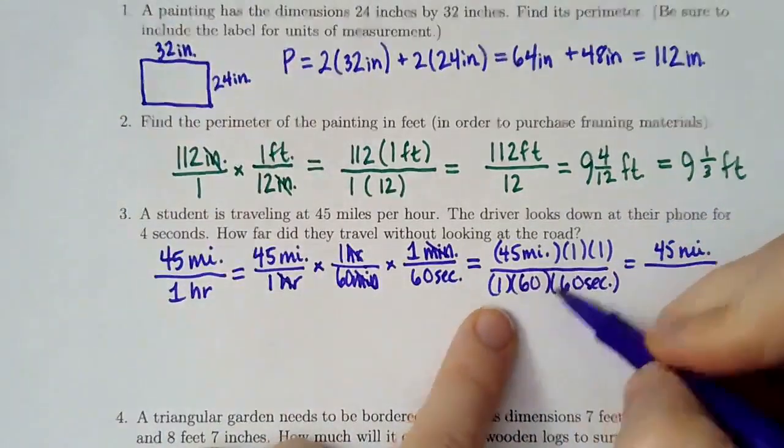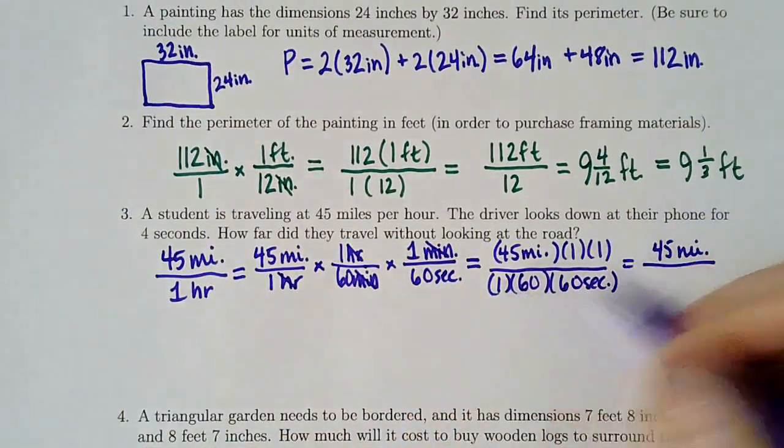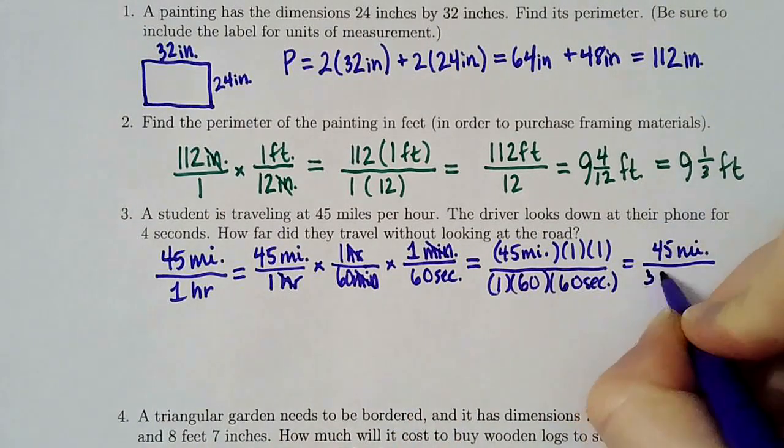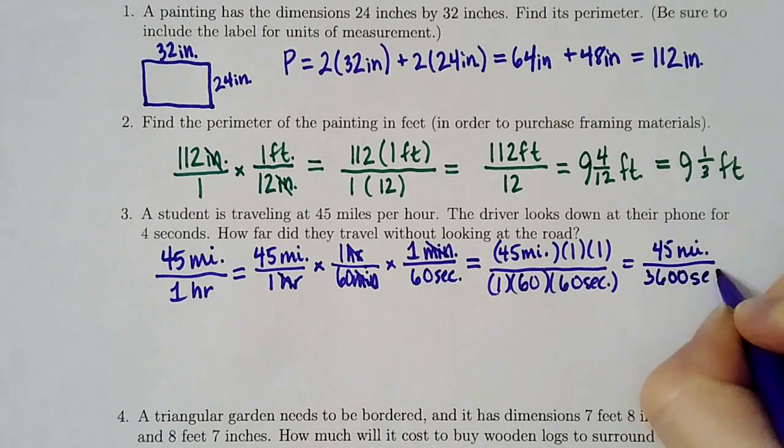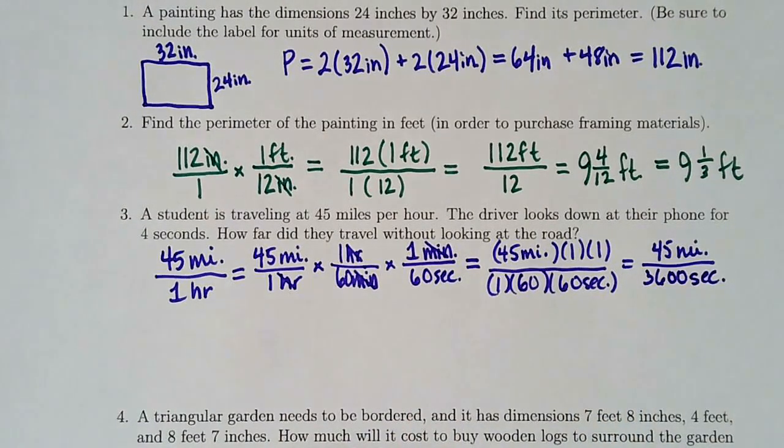So 1 times 60 times 60, and that is 3,600. And my label there is seconds. So now, oh man. Miles. Do we think we travel miles in seconds?